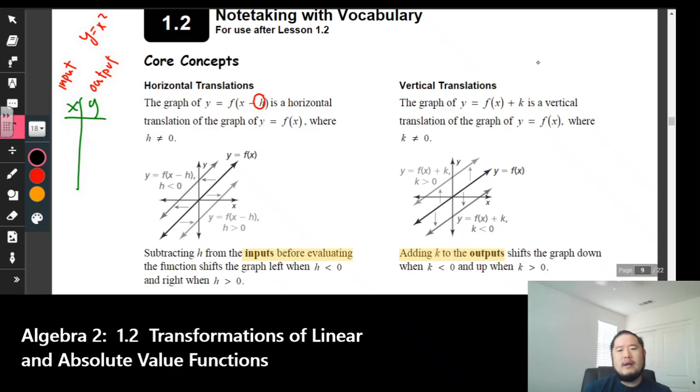That's why right here it says the graph of f of x. So whatever f of x is, we could say it's x squared, and then you add a number to that or subtract, and it'll impact the whole entire answer, the whole number, up and down. And that right there is your vertical translation. If it's plus k, it's going to move up. If it's minus k, the function will move down.